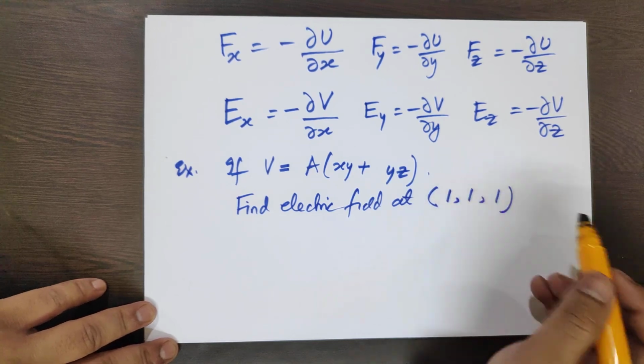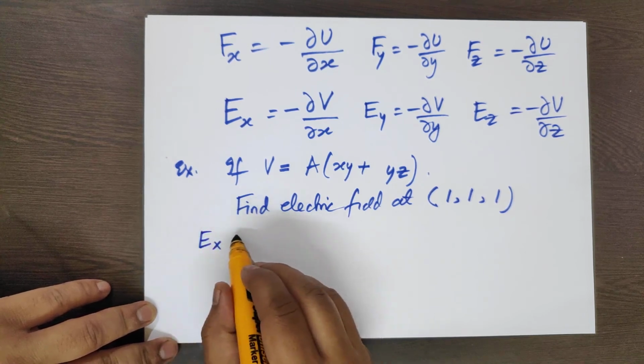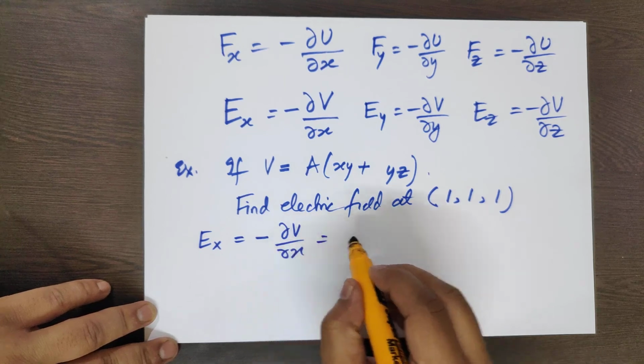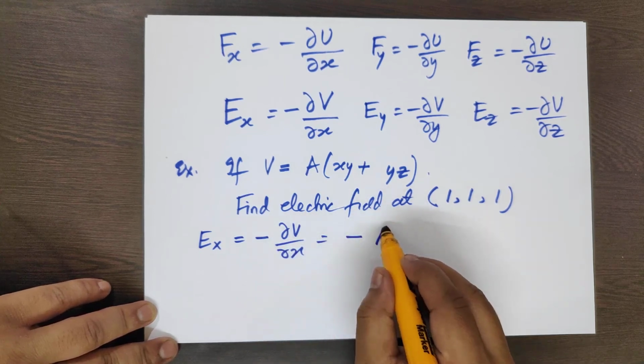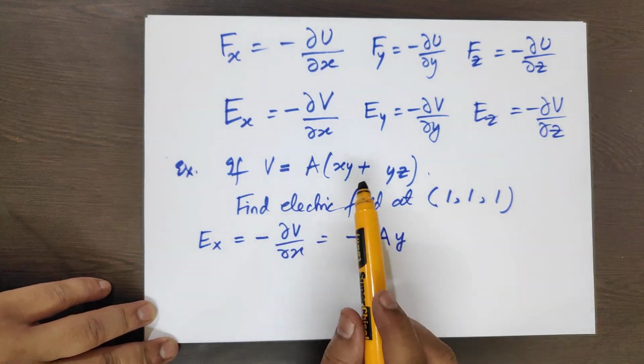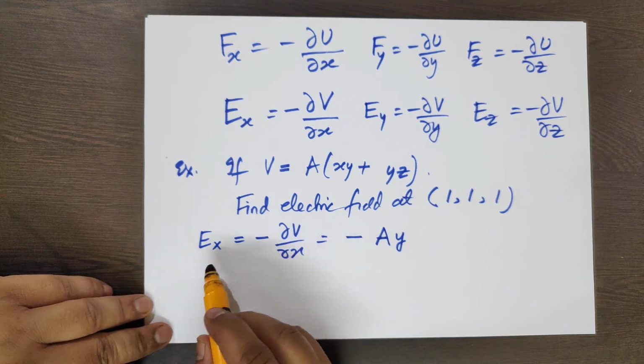For that, Ex equals how much? Minus del V by del x, that is minus a times y, because you are differentiating with respect to x, keeping y and z constant.